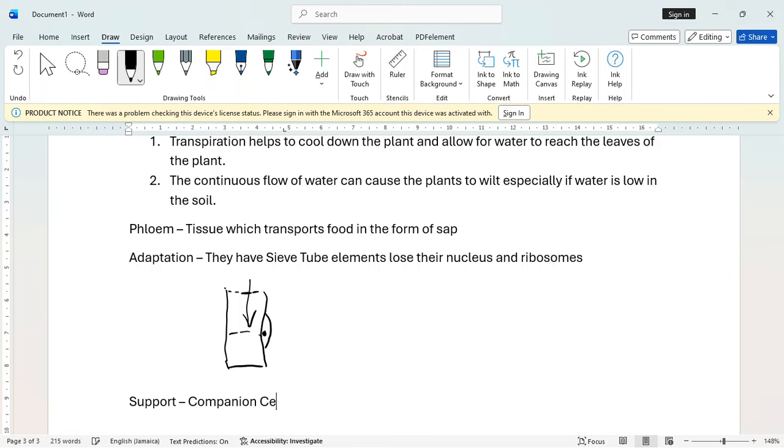So the companion cell, yeah? They are the ones that have the organelles. They are the ones that basically allow for the movement of the nutrients due to active transport.